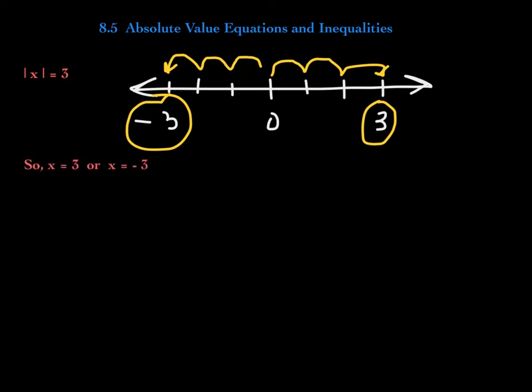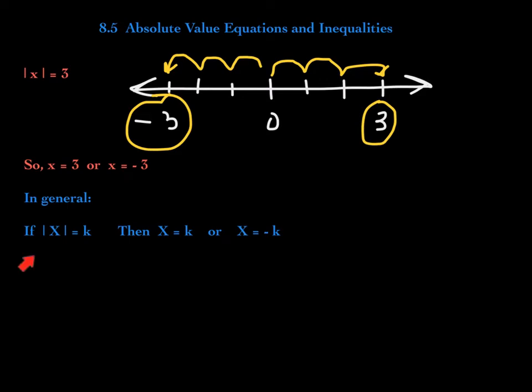So we have two solutions. Either x is 3 or x is negative 3. These are the only two numbers whose absolute value is exactly 3 units. This leads us to a generalization that we can make that will help us solve other absolute value equations.